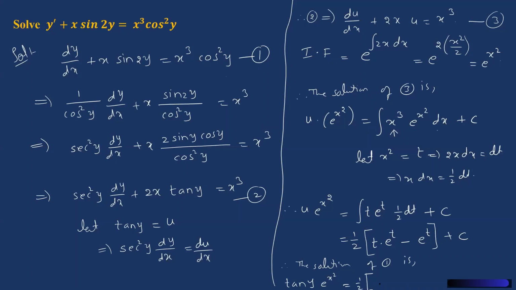Actually, t is x square. I'm writing the value of t also: x square times e to the power of x square minus e to the power of x square plus this integrating constant c. So like this, you can just find the solution of this differential equation.